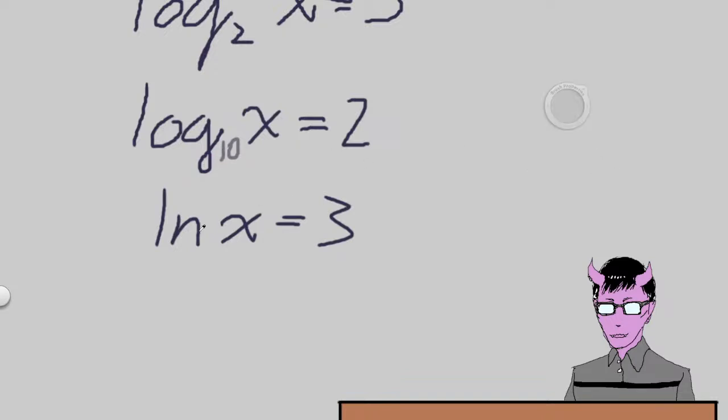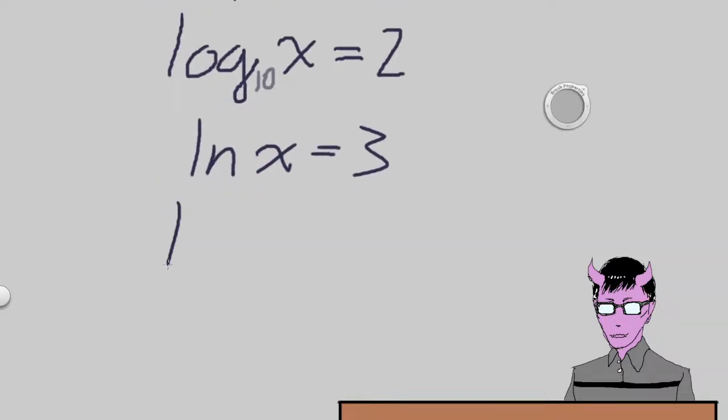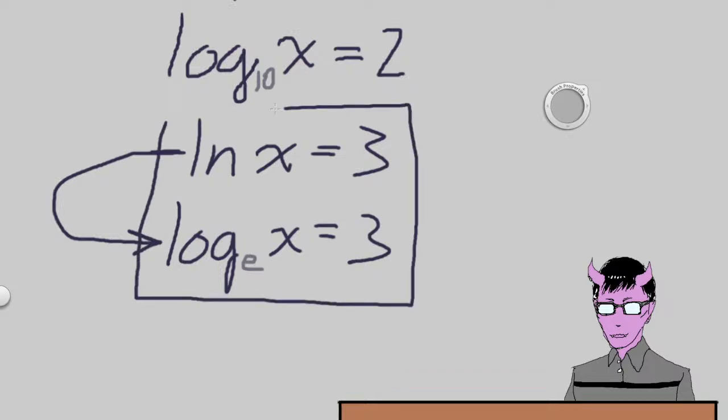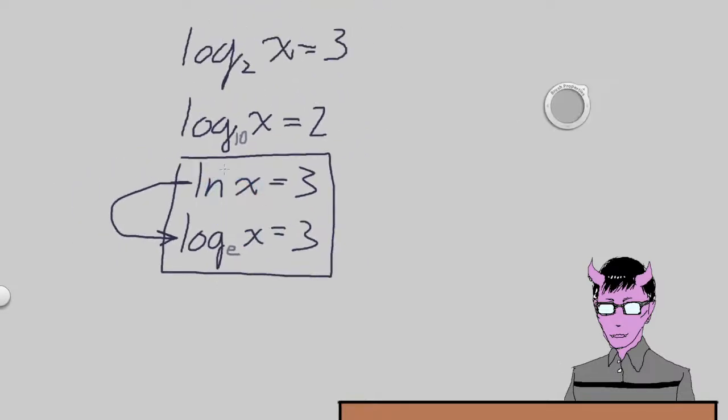If you want to think about it this way, you can: the natural log is simply log with the invisible base e. So for all intents and purposes, this thing right here is the same thing as that thing right there. Technically nothing new, it's just understanding that there is hidden notation. This is like a specialized case.